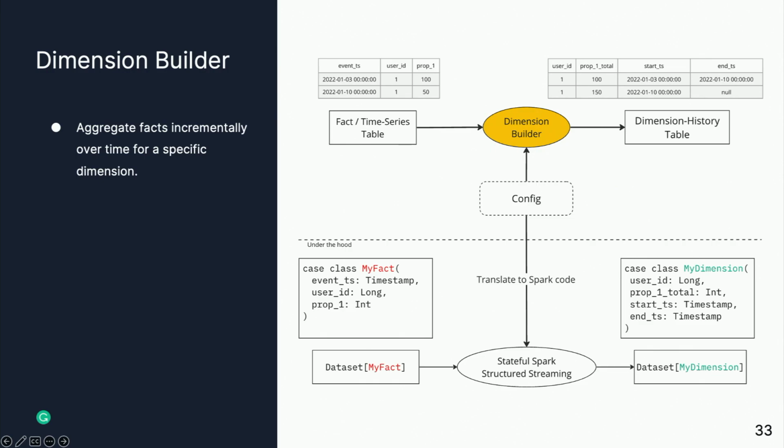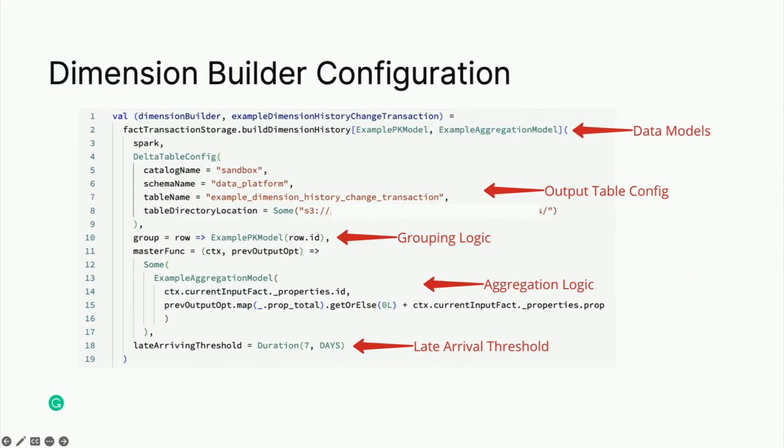Let's look at how that configuration file looks. It's basically a Scala code block where we specify some essential information. The first one is the data model: what's the grouping model, what's our aggregation model. Where this data is going to go, that's the table config. How we do the grouping, that's the grouping logic, and how we do the aggregation, that's the aggregation logic.